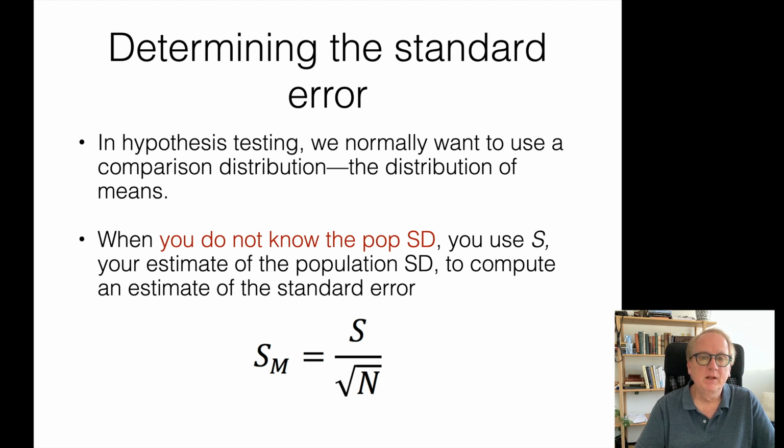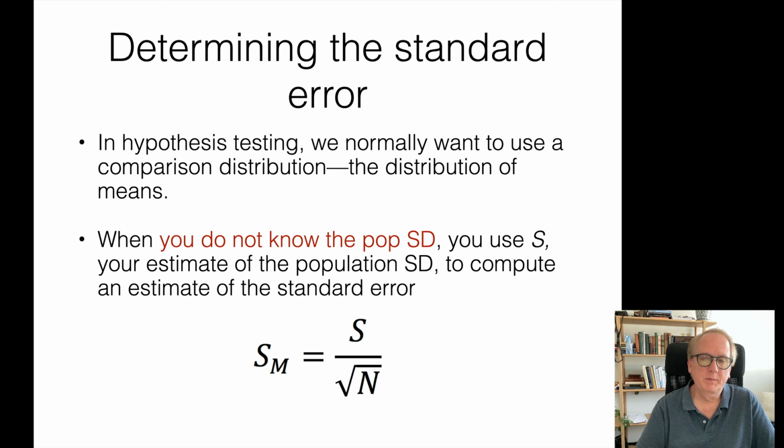We would use that as our estimate of the population standard deviation, S. Then we take that and divide it by the square root of n. And you can see that we now have this new symbol, S sub m, which stands for an estimate of the standard error. So now we have an estimate of what we think the standard error is out there in the population of the distribution of means. But it is not the same thing as what we had before because we're making an estimate.